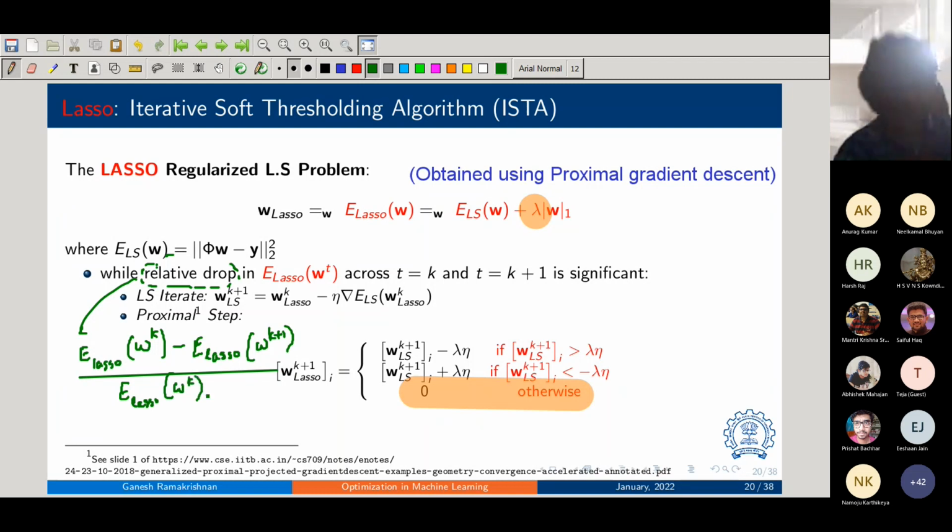We are assuming that there'll be a drop, so we didn't put an absolute value, but ideally you should use an absolute value.